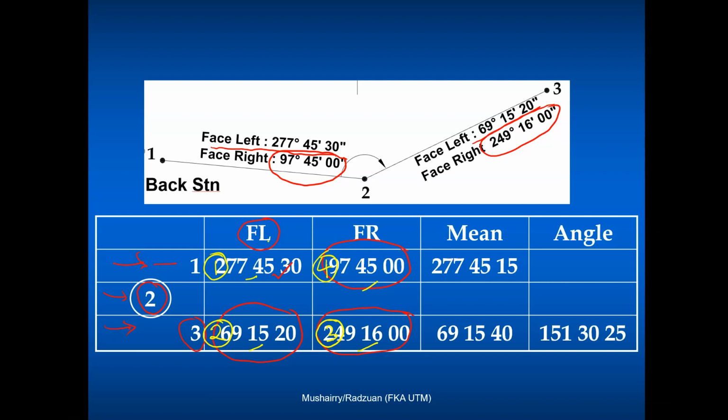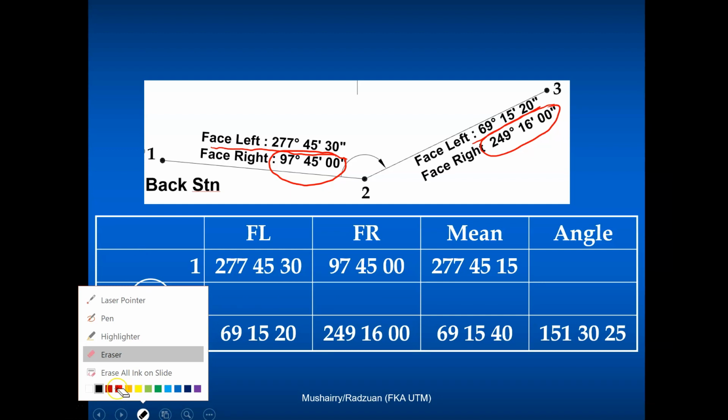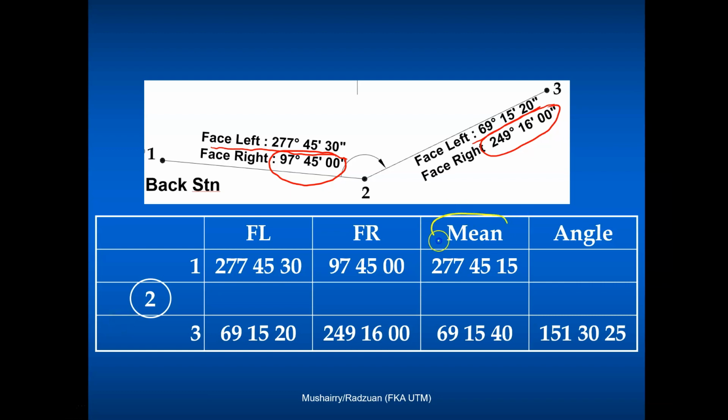Okay. Now, how do we get the mean? Okay, let's erase these markers here, so that it's a bit clearer. Now, look at the column for mean here.